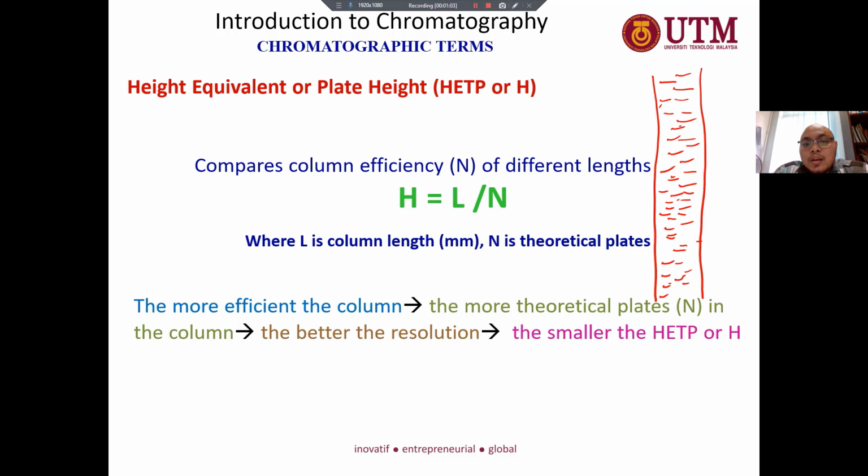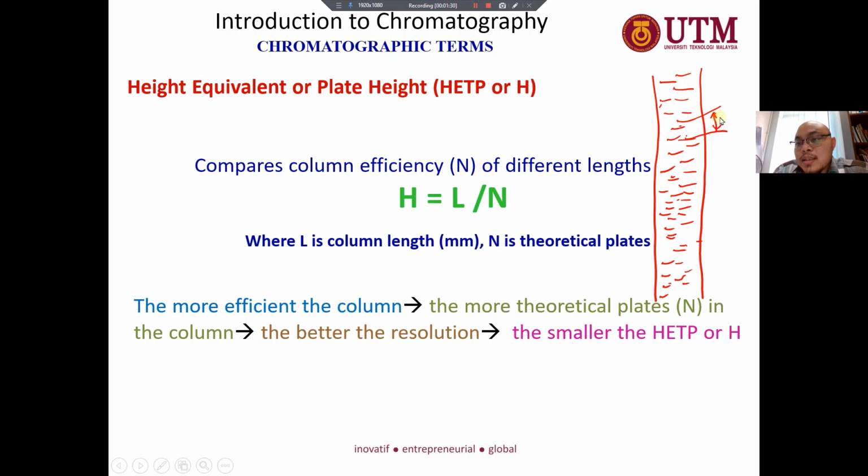The lower the number, the height is the plate height. Okay, so if we can zoom in between here, for the HETP we want to measure the distance between the plates.